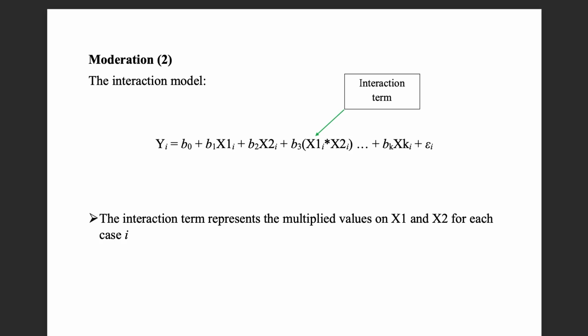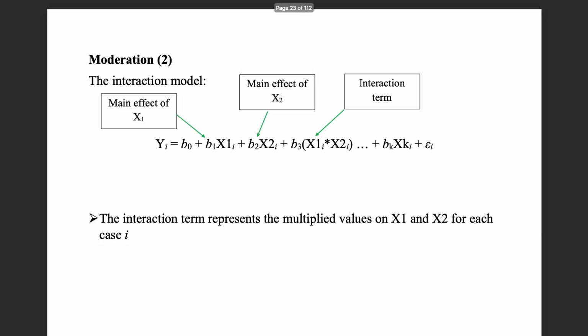So what does this term represent? Well, it's the multiplied values on x1 and x2 for each case i, and that is then multiplied by our regression coefficient b3. And then in the interaction model, we would call the effects of x1 and x2, which we have already in the model, the main effects.